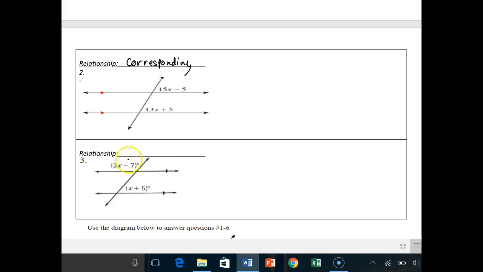Problem number 3, we have a supplementary relationship here. This is actually interesting in that it kind of looks like an alternate interior, but this guy's on the outside, right? It's not corresponding because they're not on the same side, so this is actually a supplementary relationship. You got an obtuse angle and an acute angle. They're going to add up to be 180. So that's 3x minus 7 plus x plus 5 equals 180.